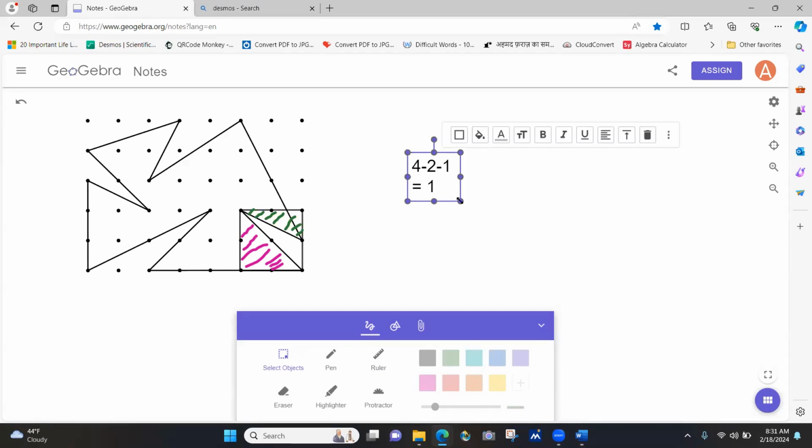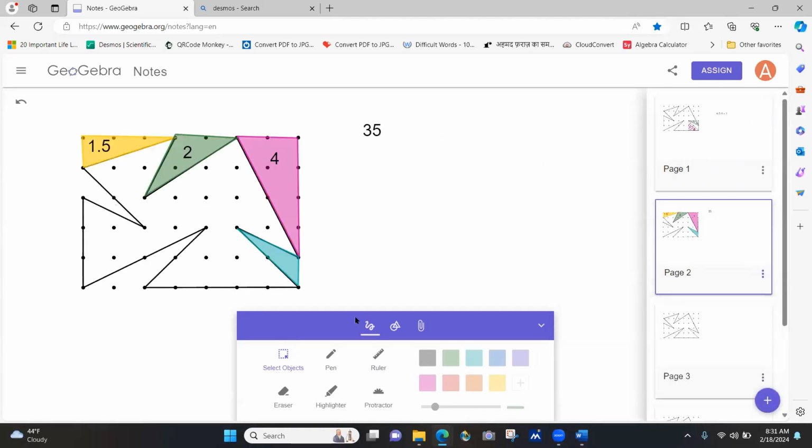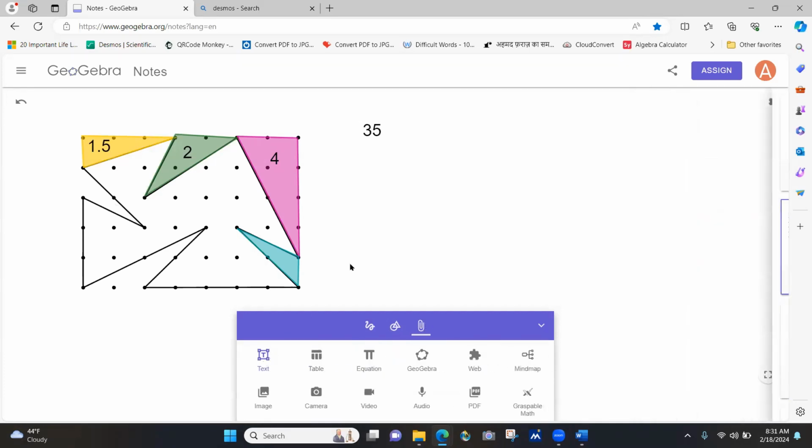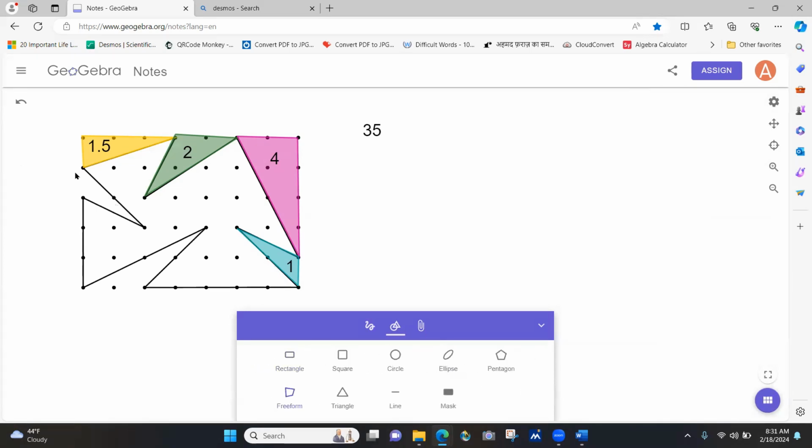Now I'm going to go back and label that as 1. Okay. Now, this triangle is identical. I'm not going to do it again. I'm going to label this as 1 as well.